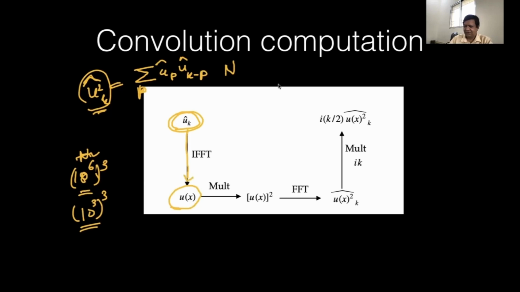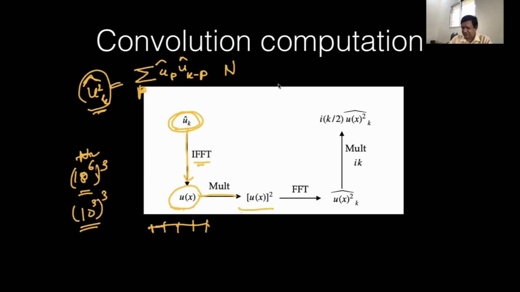Since I have u(x), now I can compute u(x) squared. Remember, u(x) is available at a discrete set of points, so I can just square u(x) at each of these points.